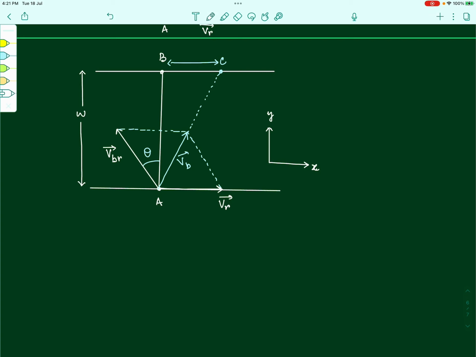For example, we can write the velocity of the river as VR i cap. Because the river is flowing along the x-axis, we take the magnitude of the velocity of the river as VR, and along with that write i cap, the unit vector. That gives us the velocity of the river in its component form.